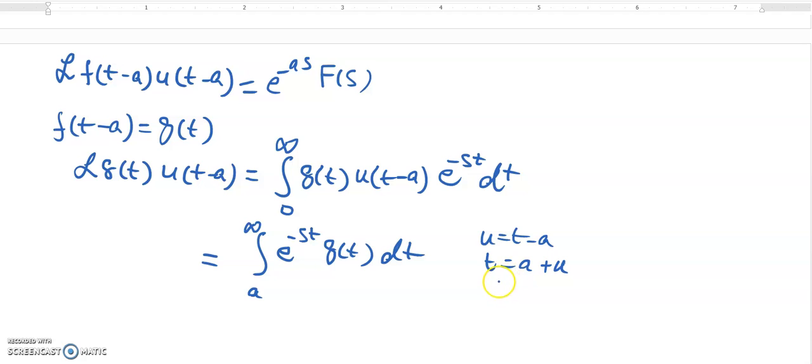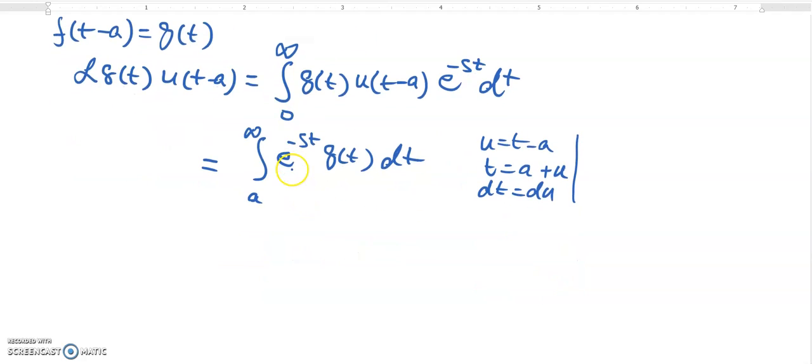In this case dt will be equal to du, and we can also input these values over here. If t is equal to a, then u will be equal to 0, so the limits of integration will also change to 0 to infinity. We will continue it in the next video.